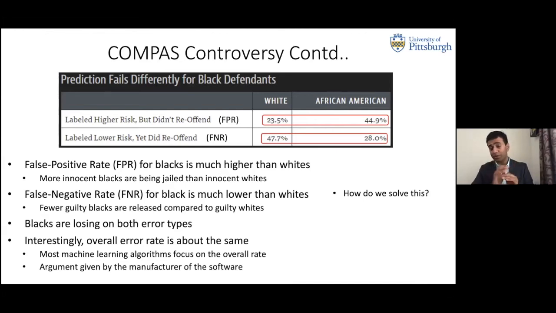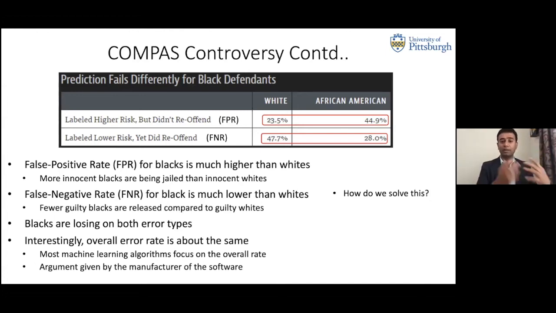Now think about it. If I raise this cutoff from 90% to, let us say, 99%, I will be more conservative. All those people who I will call reoffenders, they are going to really, really reoffend. I'm that much sure about them. So my false positive rate will go down for that case if I raise my cutoff. But in that case, I will have a lot of false negatives.